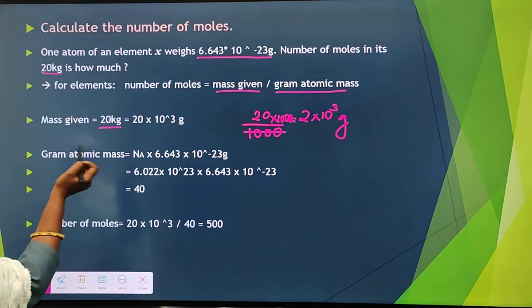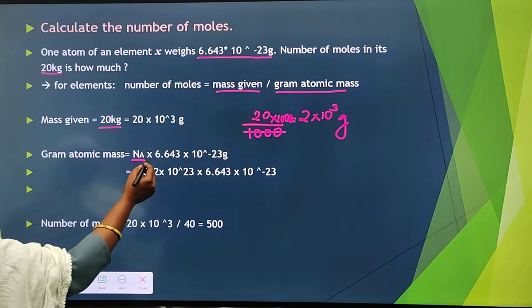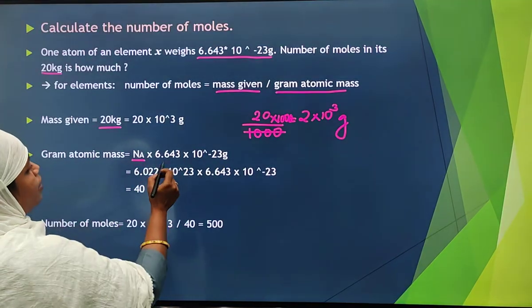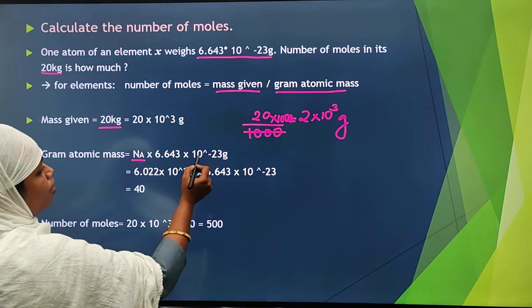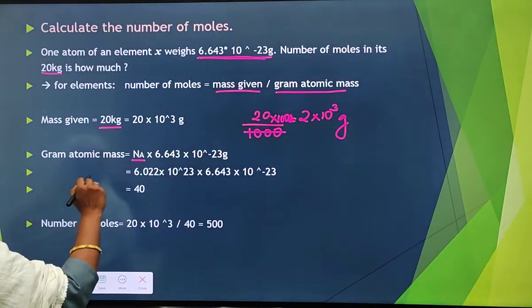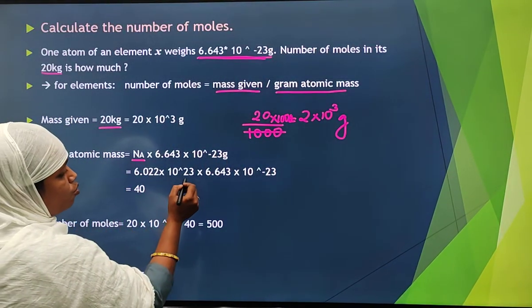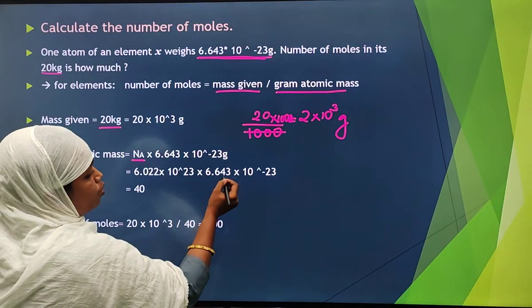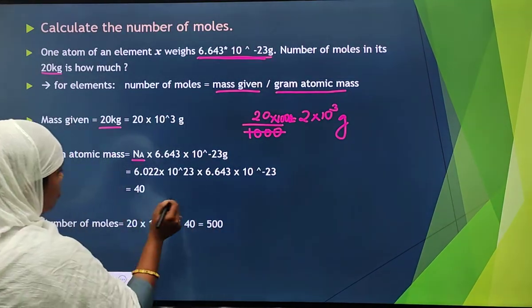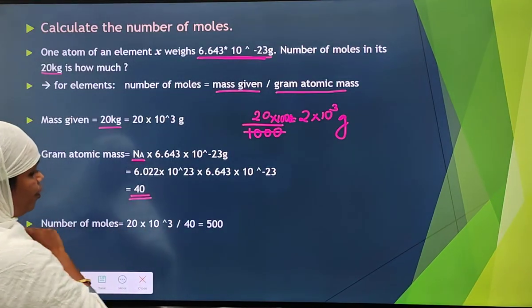Now we'll find the gram atomic mass, that is Avogadro's number into the weight of the element, that is 6.643 into 10 raised to minus 23 grams, which is already given in the question. So Avogadro's number is 6.022 into 10 raised to 23 into 6.643 into 10 raised to minus 23, and when we calculate, we get a value of 40.